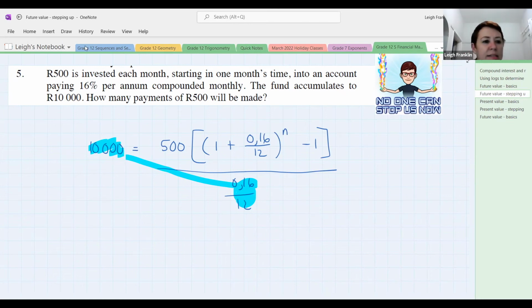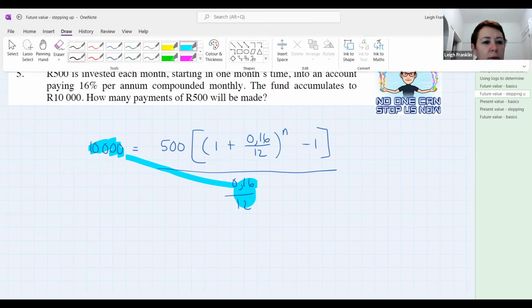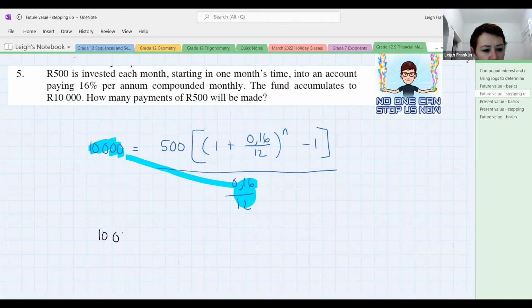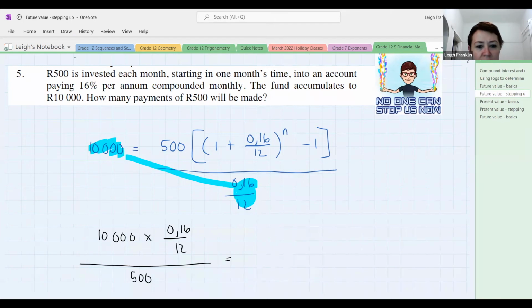So essentially what we've got here is 10,000 multiplied by 0.16 over 12, divided by 500. I'm going to work out what 1 plus 0.16 over 12 is, just to make life easier for us.